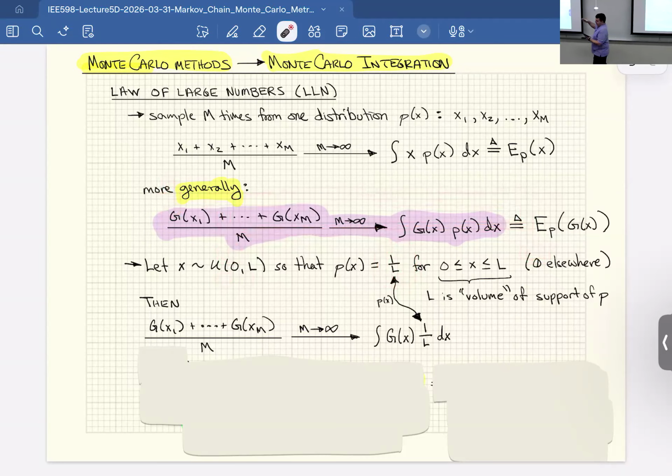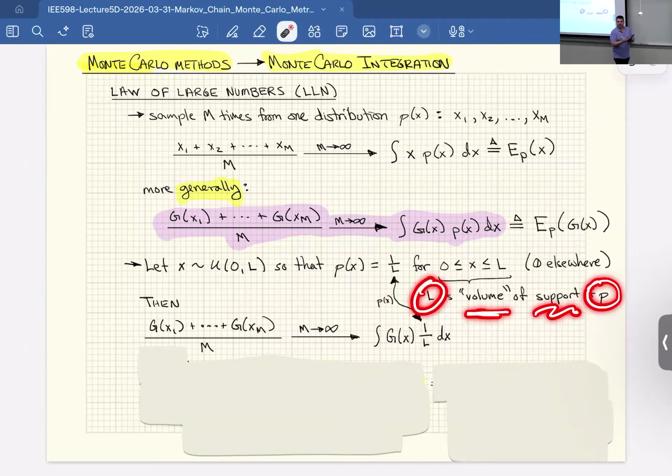So then sometimes we might refer to L as the volume of the support of the sampling distribution, this proposal distribution.